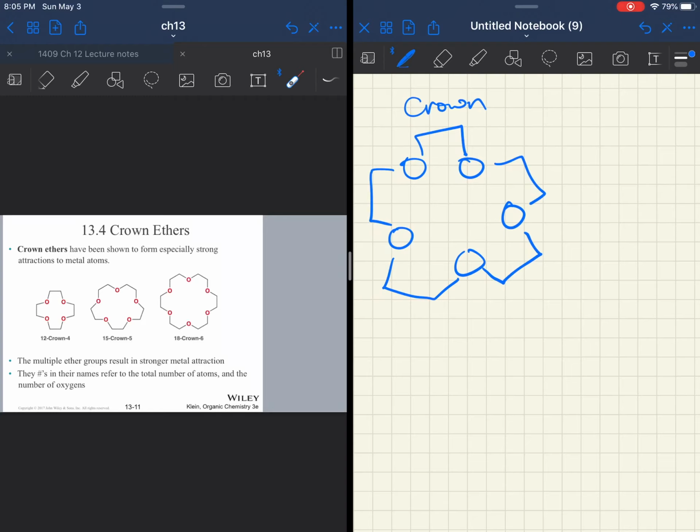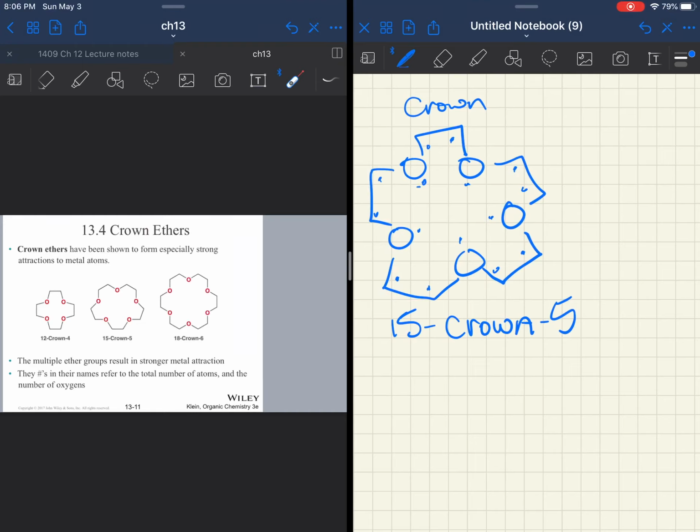So first you're going to just count all of the atoms in the ring, so not the hydrogens, but the ones in the ring. 1, 2, 3, 4, 5, 6, 7, 8, 9, 10, 11, 12, 13, 14, 15. So there's 15 atoms, and then crown, and then the number of oxygens, right? So 15-crown-5.